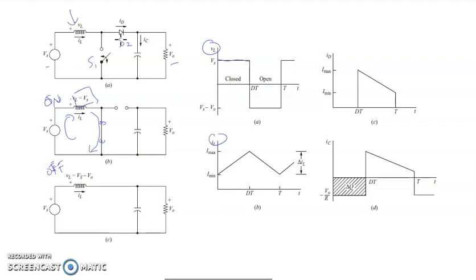Now the off state, off condition. So what happens? The switch is off, so you have an open circuit. The current cannot go through the switch because it is open, so instead it will go through the diode.